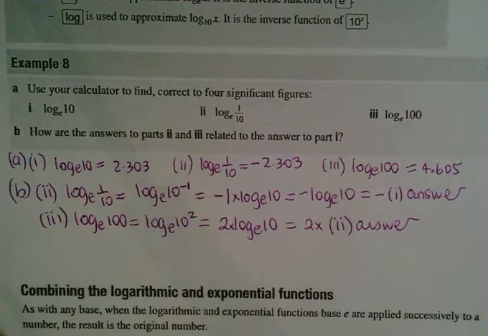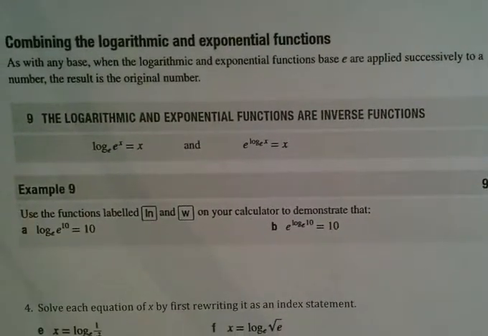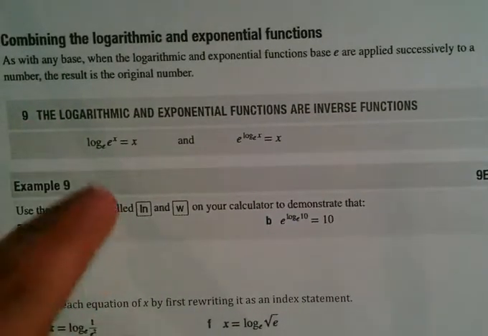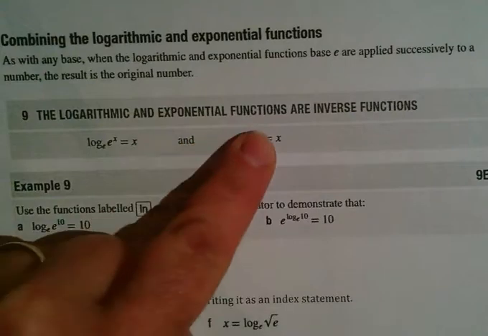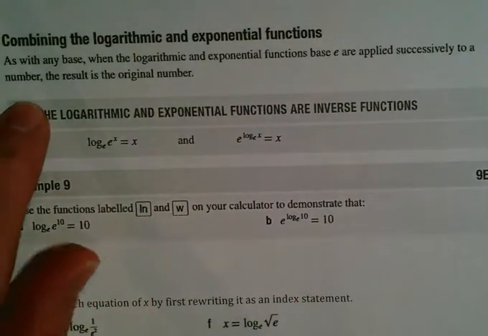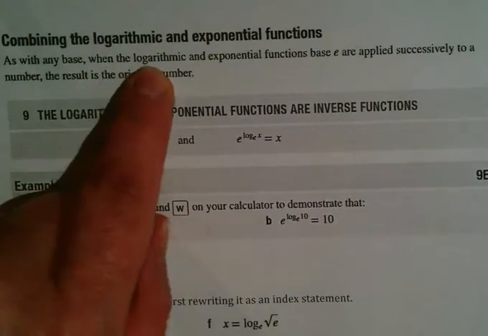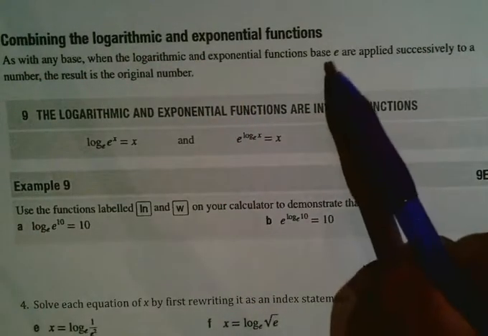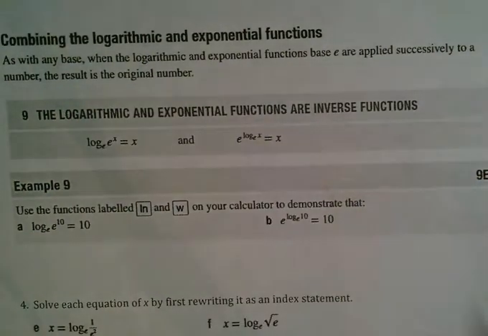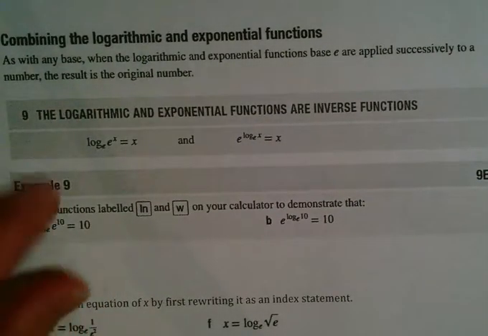All right, now just for this next part here. We've seen before that the logarithmic and exponential functions are inverse functions. So what that means is that when the logarithmic and exponential functions base e are applied one after another, or successively, to a number, the result is the original number.